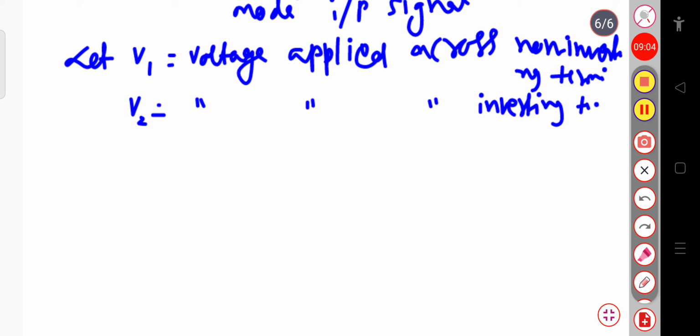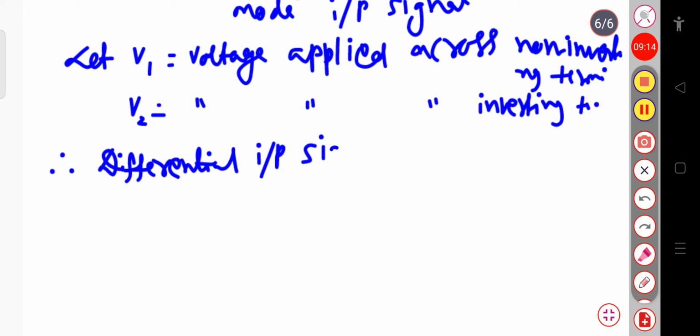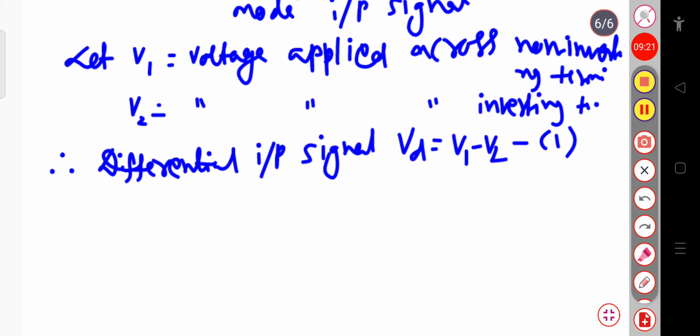Therefore the differential input signal we can write as Vd equal to V1 minus V2. This is your equation 1.